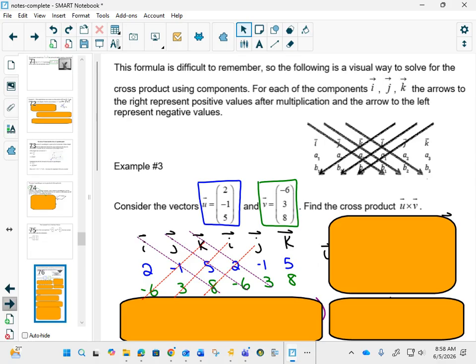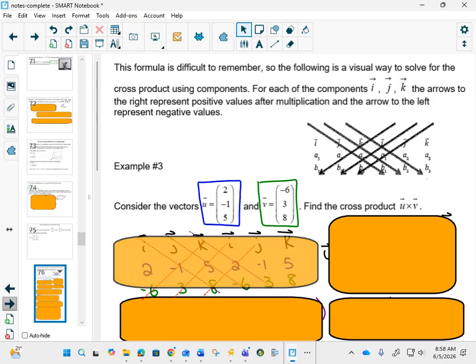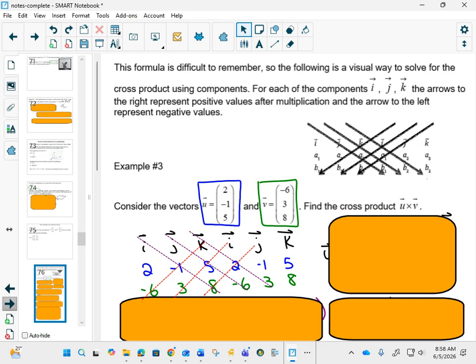The reason you write them out twice is just so that your diagonals have enough numbers to go through. You see this red diagonal that went through K? I could have done it here through K. It has the exact same numbers. So as long as you do I, J, and K once in one direction, I'd probably do the last K rather than the first K, but it doesn't matter.